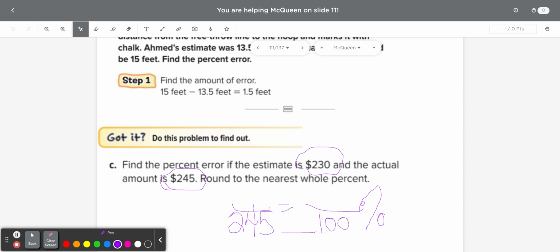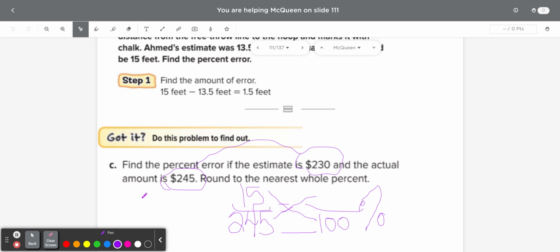And we ask ourselves, what happened? Well, what happened was I was off by 15. So we do our cross products. 245x equals 1500, and we divide both sides by 245. So we want to make sure we answer the question, what happened?